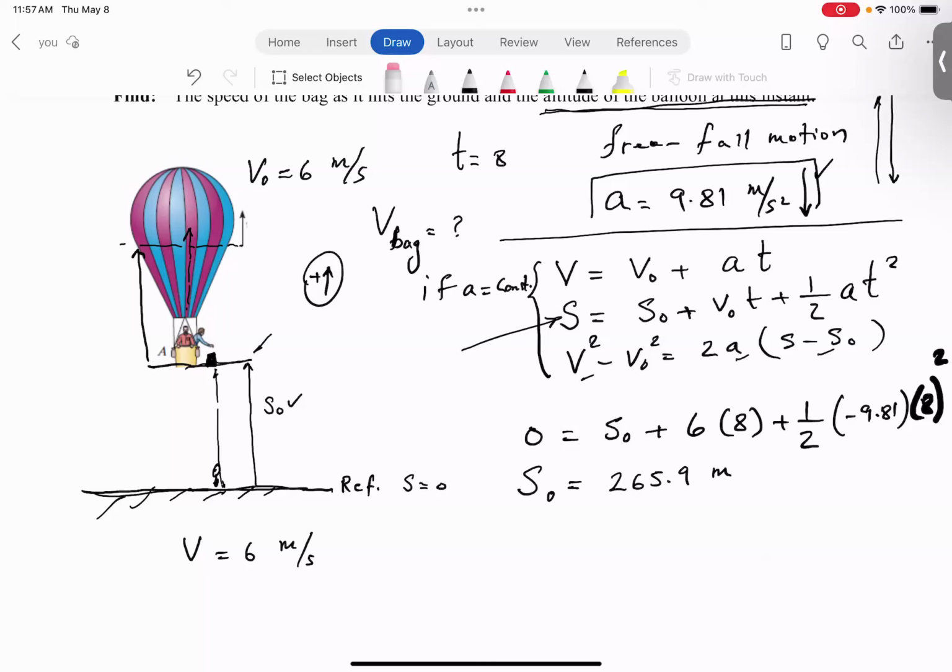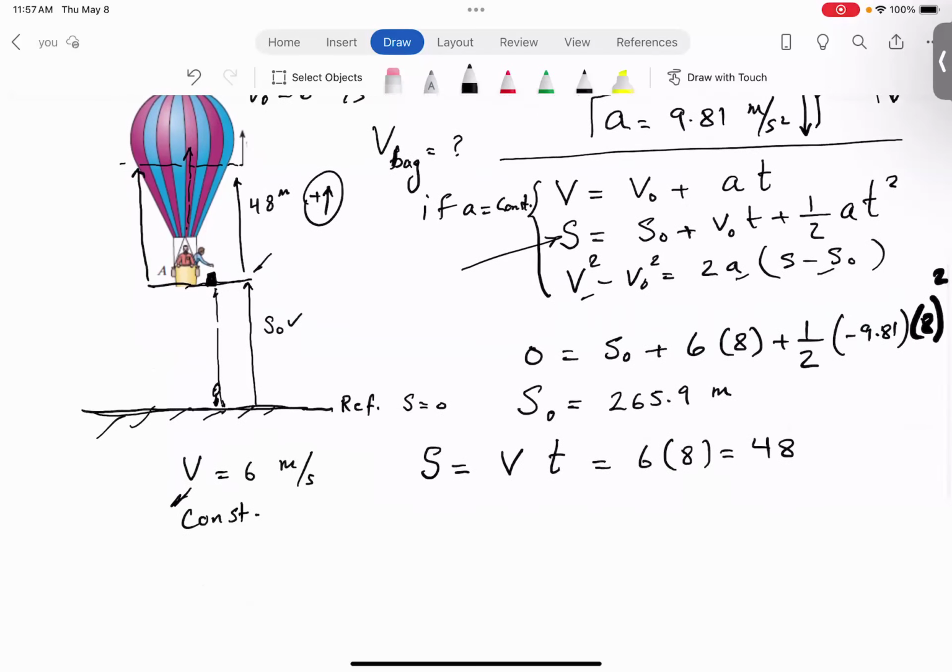It's constant, that's the key. When you have constant velocity, position is simply determined by this. So how far this guy goes up is simply 6 meters per second times 8, so 48. So this has gone 48 meters up.